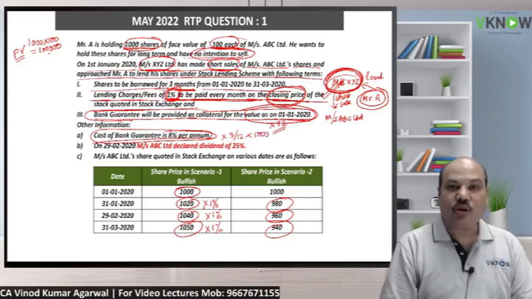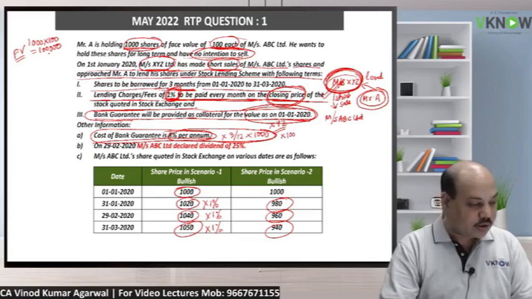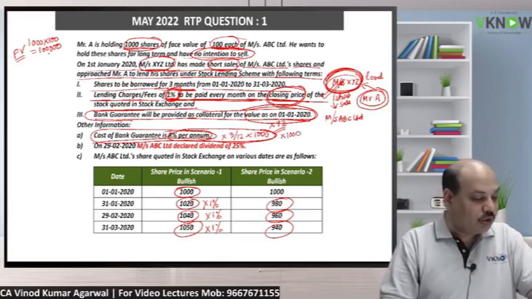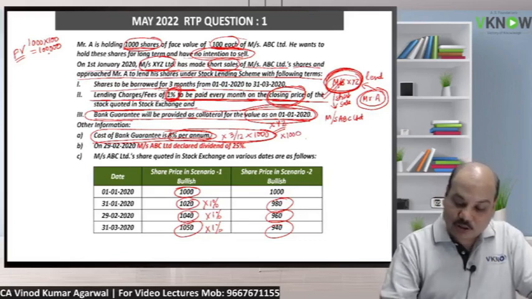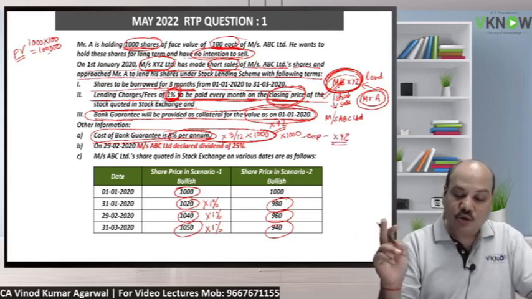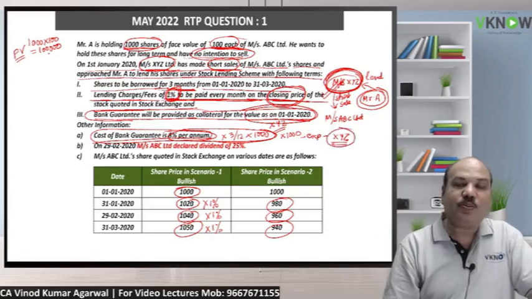So this will be the bank guarantee charges, 8% into 3 by 12 into 1000 into number of shares, and the number of shares are also 1000. So you'll have to multiply by 1000 to calculate the bank guarantee charges. Bank guarantee charge is an expense to Messrs XYZ, income of the bank, not the income of Mr. A. So this will be treated as expense of Messrs XYZ.